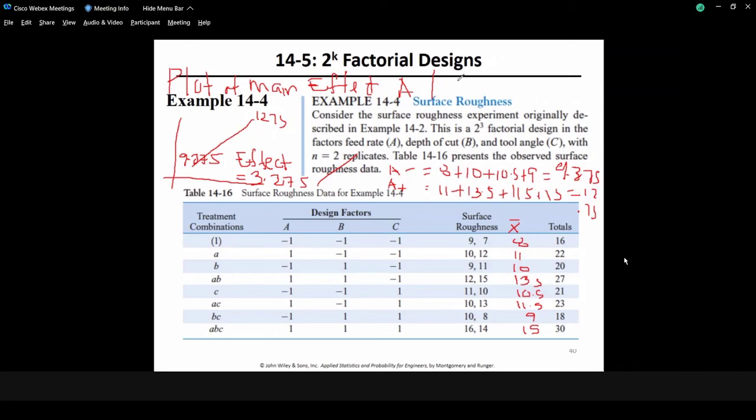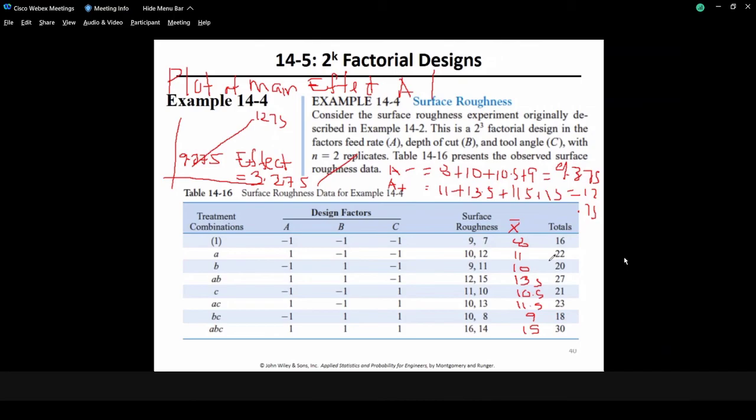Okay, I think I will continue, guys. Take this, take the run one, and then the X bar.